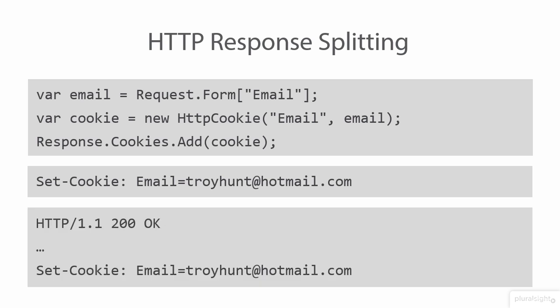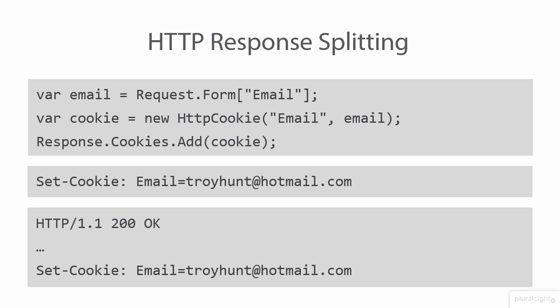So here's the key thing. We've got the HTTP version and the response code here on the first line. The ellipses indicate that there may be other response headers. They don't matter too much for this example. And then we have the email address set in that cookie. So the important thing of note here is that HTTP response header and the cookie.